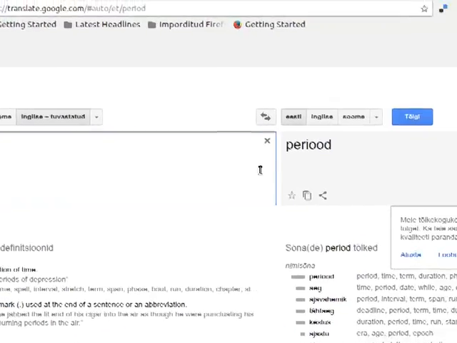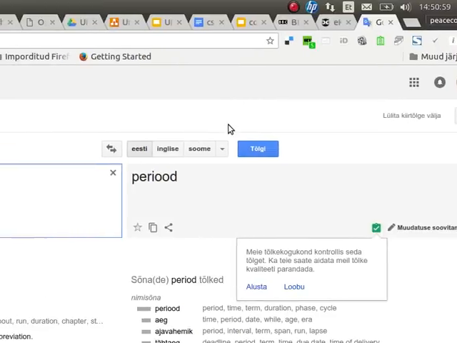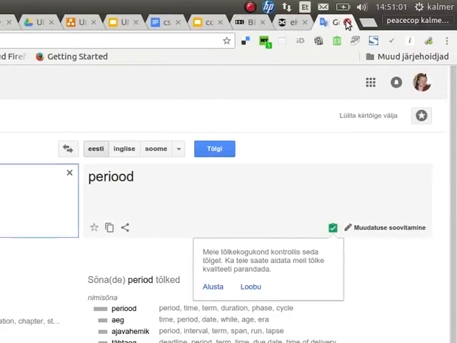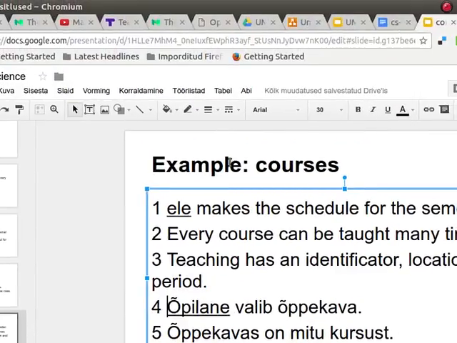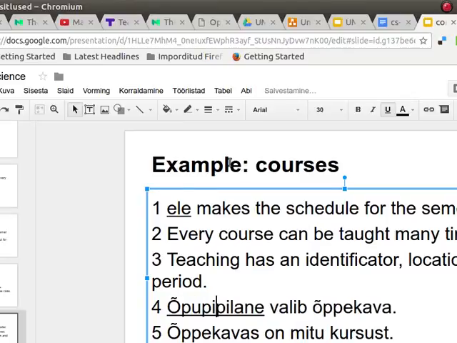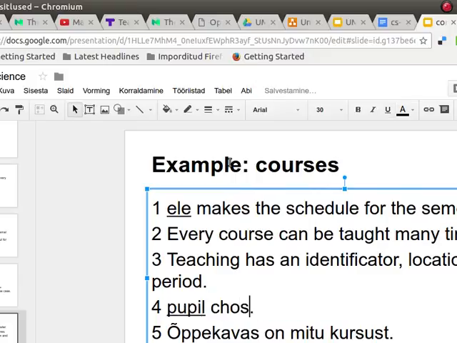Period, okay. Time period. The fourth use case, pupil chooses some study plan.